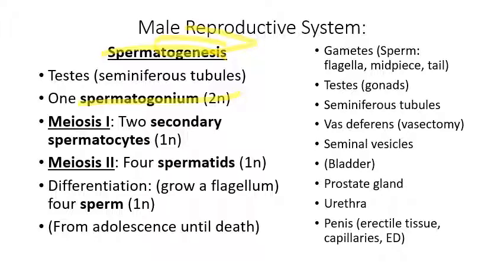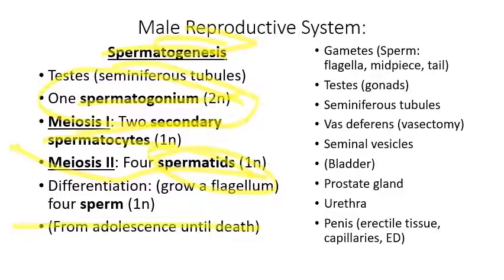So in meiosis 1, you end up with two haploid cells called spermatocytes, and then during meiosis 2, you end up with four spermatids, and so you end up with four spermatozoa for every spermatogonium that you started with. The production of spermatozoa in males begins at adolescence and continues until death. For women, of course, women stop producing eggs in older age.